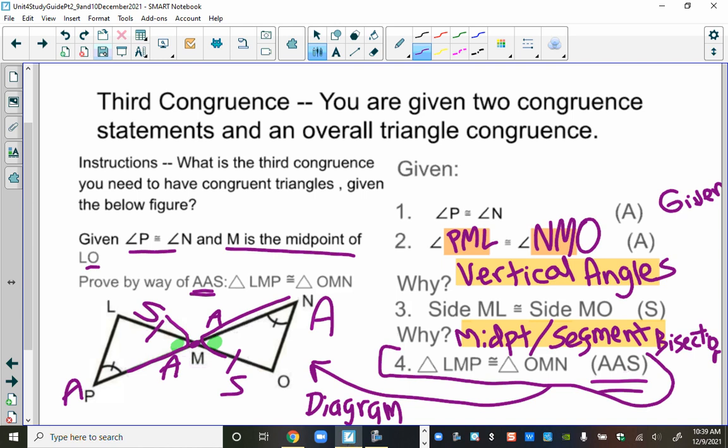Anytime you have the two, sort of like a bow tie, vertical angles are going to be congruent. Anytime you see midpoint, it's going to tell us segments are going to be congruent. So that's stuff we've done in the past. All right, questions on this one? I know it's been a little while since we did these types of problems.